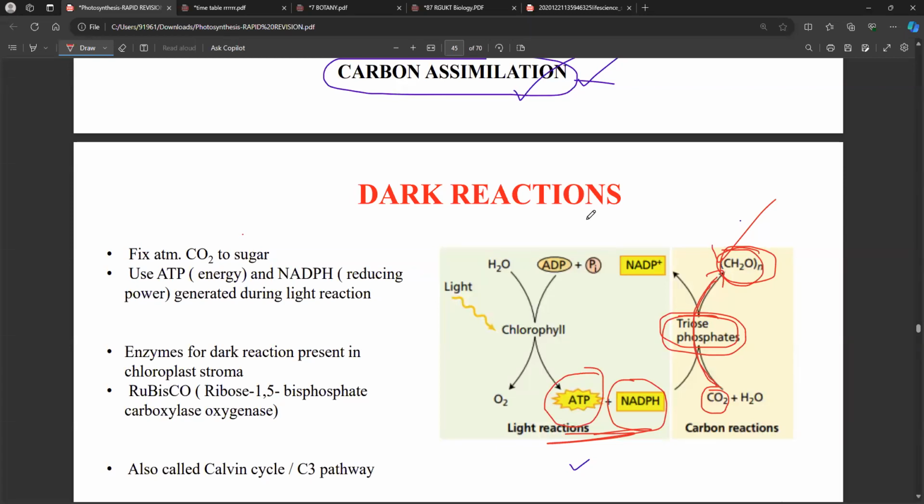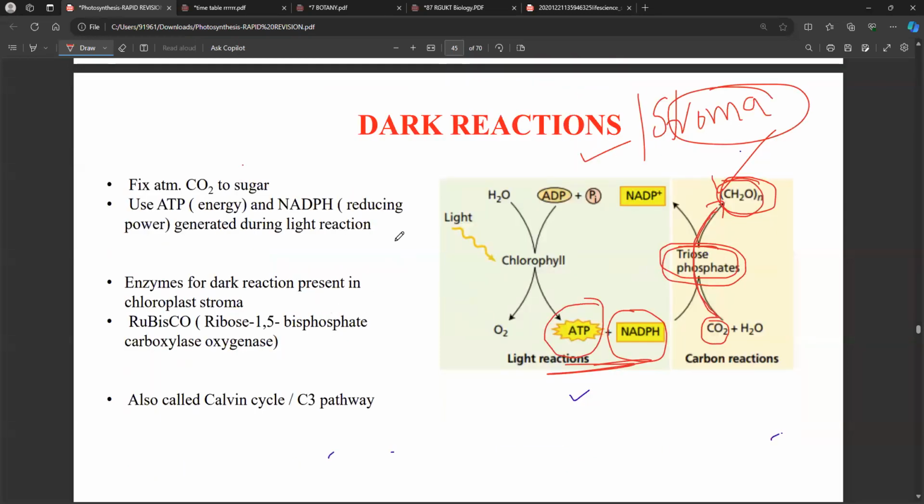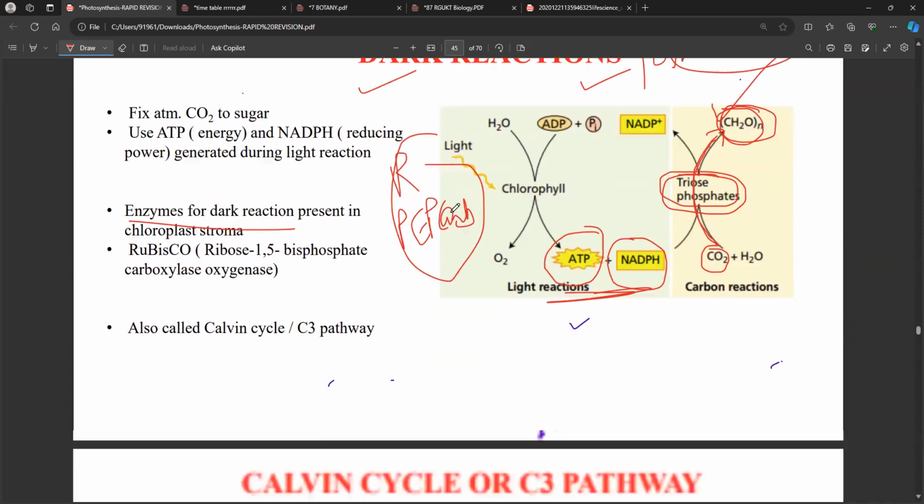Similarly, where do the dark reactions take place? In the stroma. What's the reason? The reason is very simple, because all the enzymes, such as the most important enzyme rubisco, another important enzyme PEP carboxylase, and many more, are all present in the stroma only. That's why dark reactions take place exclusively in the stroma.